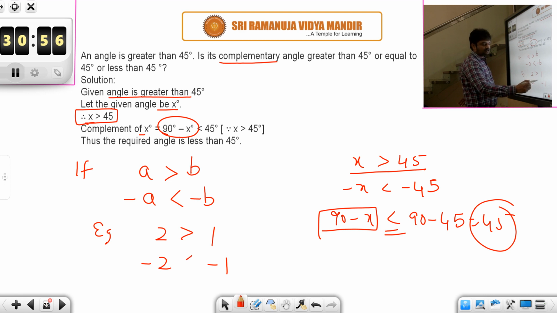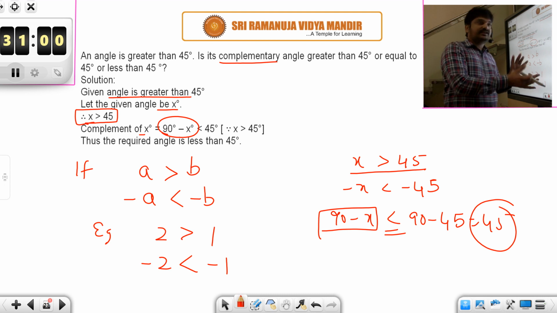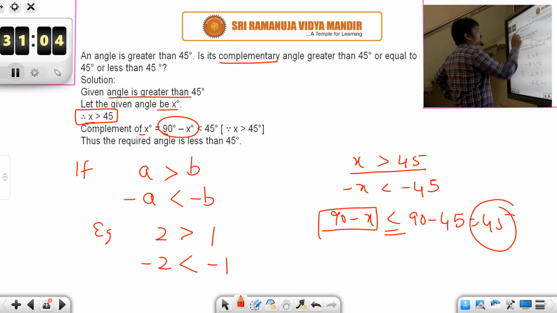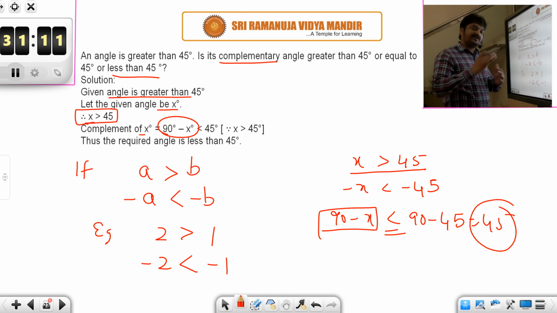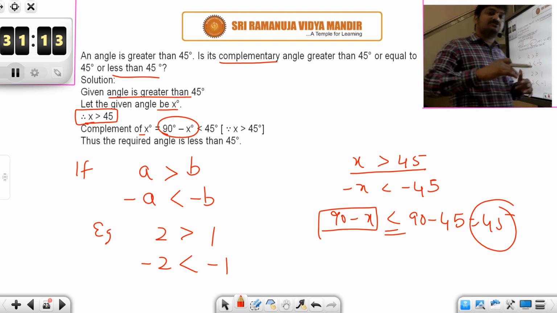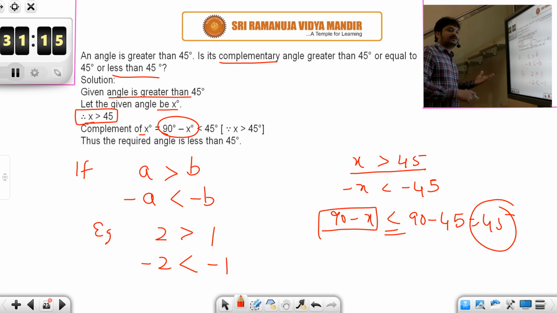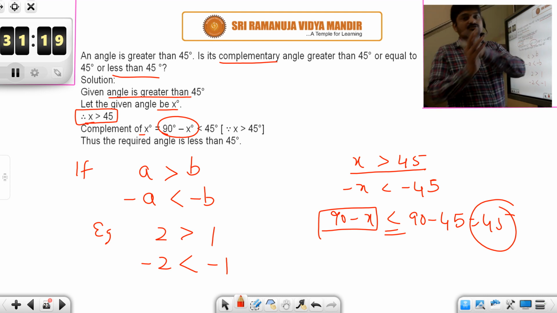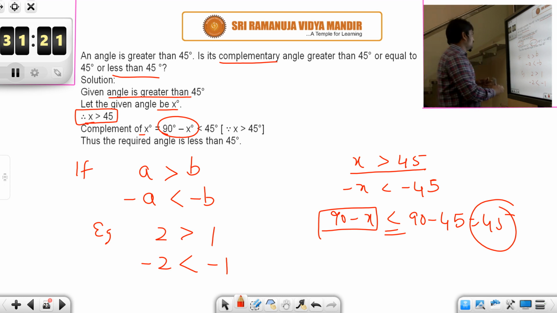Clearly you could observe that minus 2 is less than minus 1. So by multiplying by a minus sign, you need to change the inequality. So the answer is clear: an angle greater than 45 means its complement will be less than 45. If an angle is less than 45, then its complement will be greater than 45. And we have also done one question: if the angle is 45, then its complement will be 45 only.